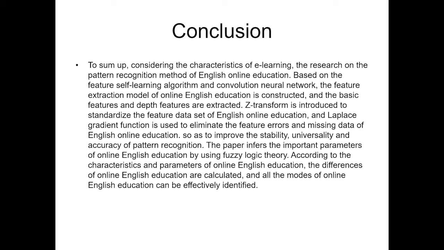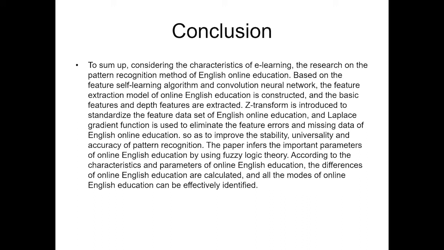Z-transform is introduced to standardize the feature dataset of English online education, and Laplace gradient function is used to eliminate the feature errors and missing data of English online education, so as to improve the stability, universality, and accuracy of pattern recognition.